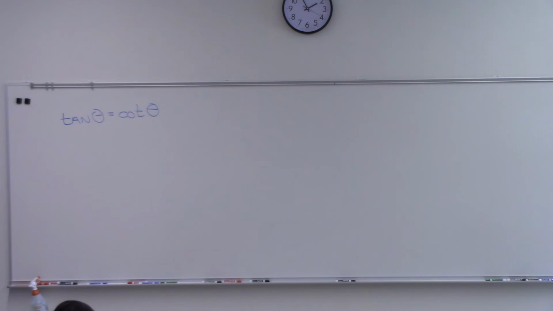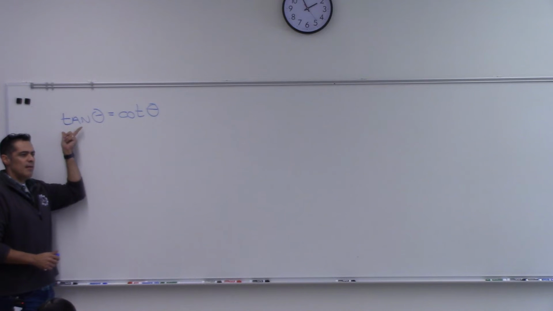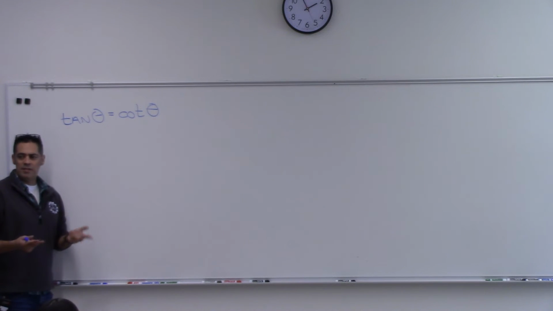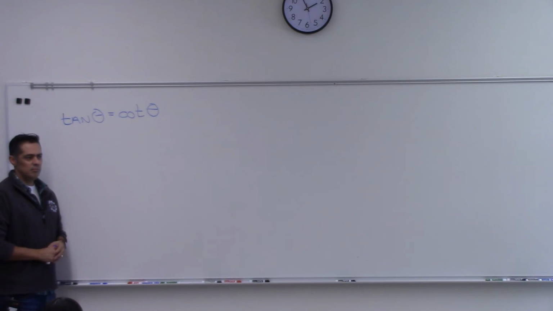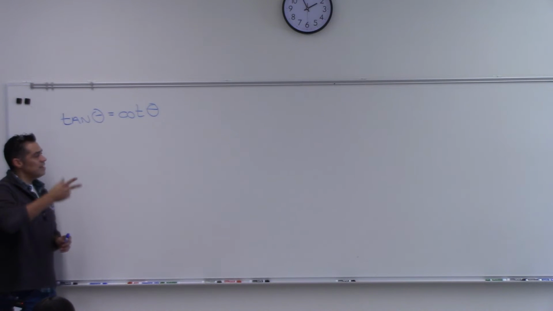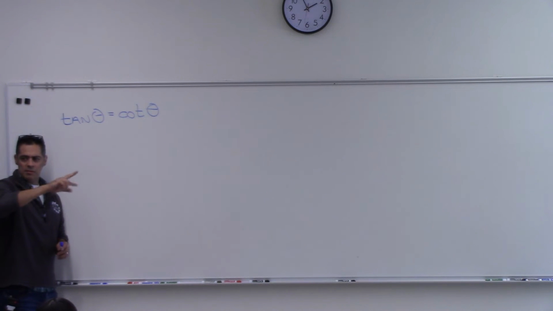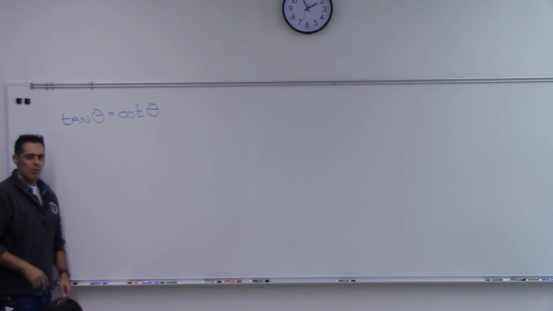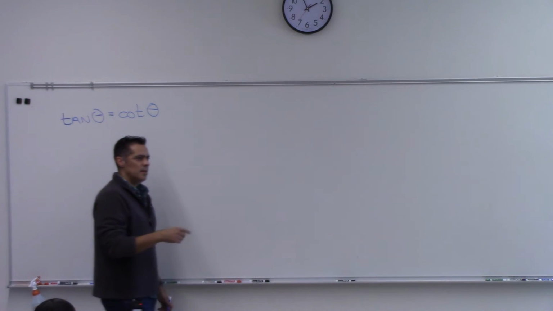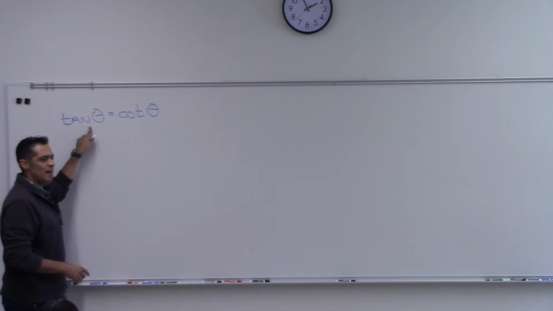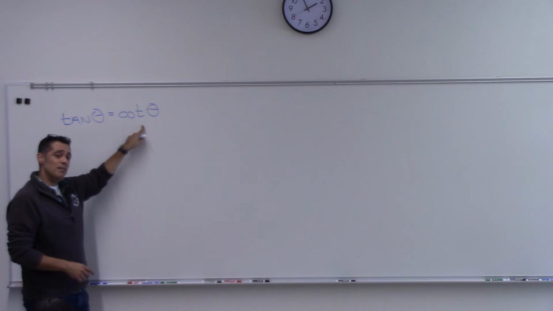One thing you could do is just think about what this is saying, right? This is saying, hey, where on the unit circle is tangent the same as cotangent? Aren't tangent and cotangent reciprocals? So where on the unit circle would the y-coordinate divided by the x be the same as the x-coordinate divided by the y?